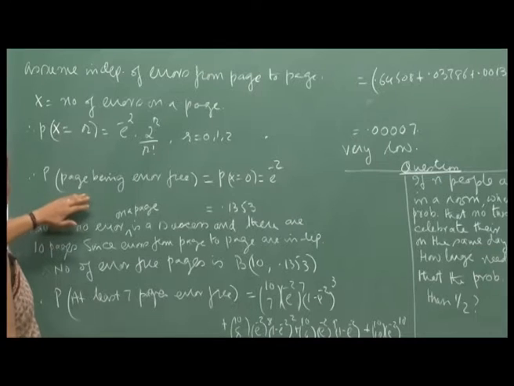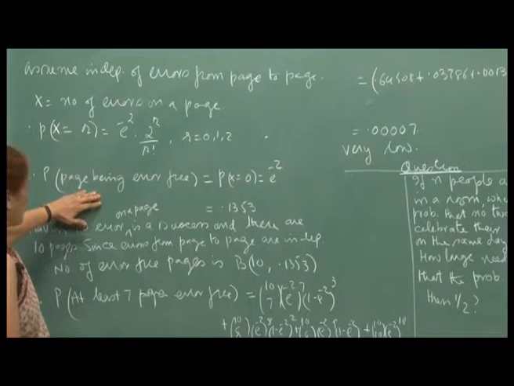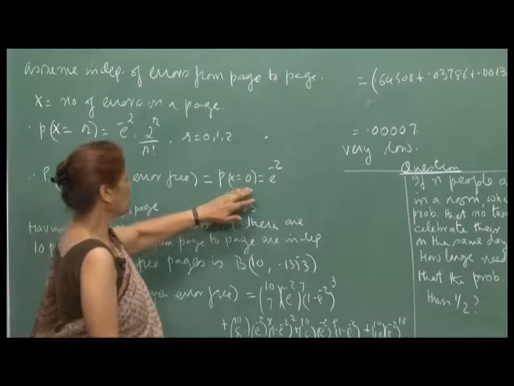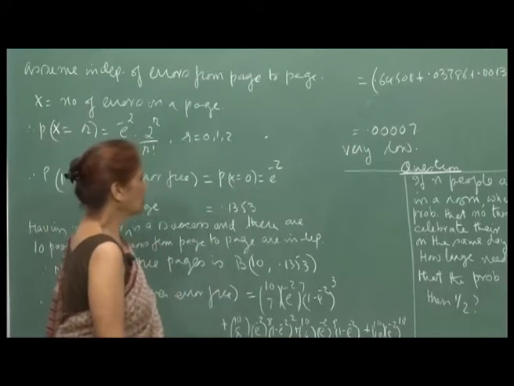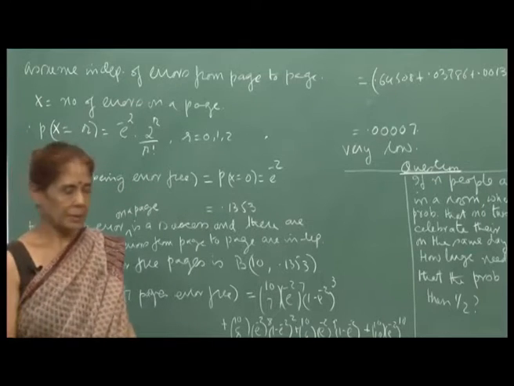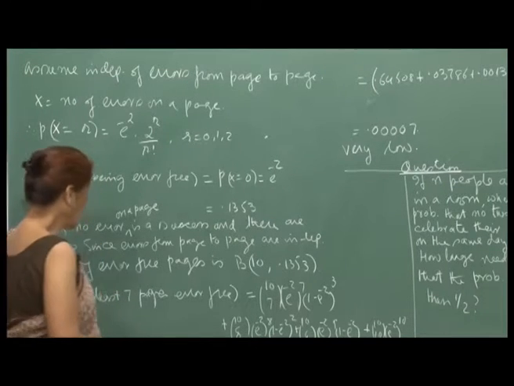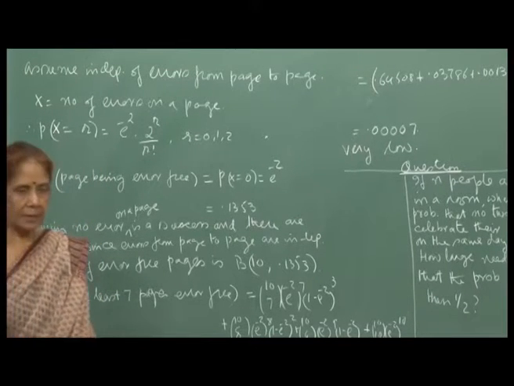Now, if you want the probability that a page is error free, that means there are no errors. So, probability of x equal to 0 is equal to e raised to minus 2. Now, you want to find the probability that at least 7 pages are error free.